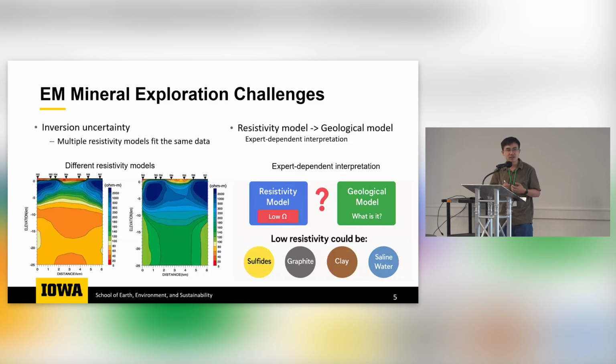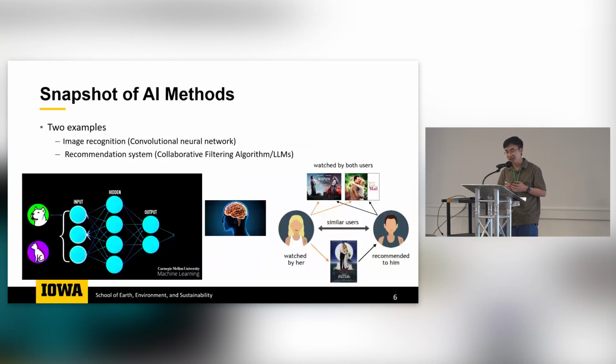So it highly depends on the expert's experience in local geology. It relies heavily on the person who understands the local geological model and how they interpret the resistivity model into a geological model. So that's another uncertainty.